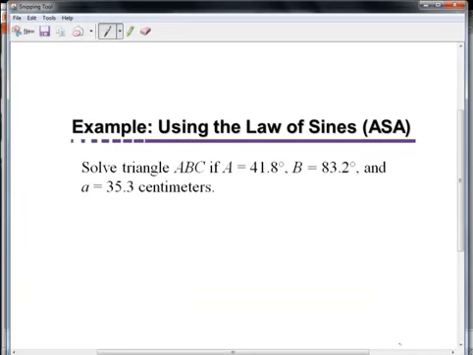So one of the angles that we know is 41.8. So the sine of 41.8 is underneath 35.3.